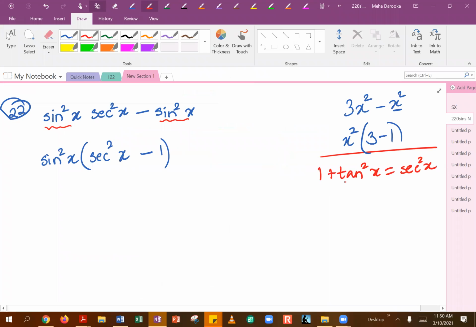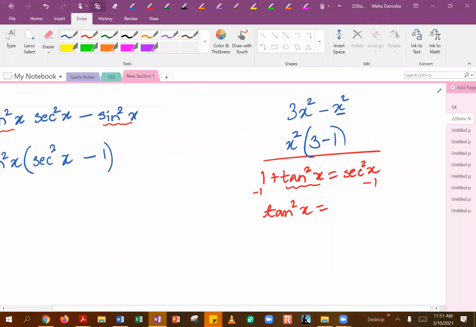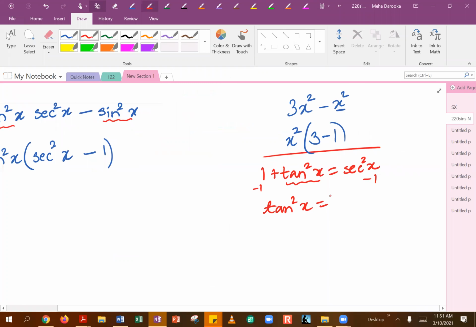So if I want to get my tangent squared of x by itself, all I have to do is subtract this 1 on both sides. That will end up giving me tangent squared of x equals secant squared of x minus 1.